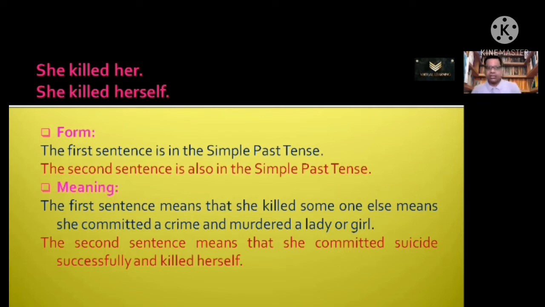But the third element, in the first case, that is object, possessive pronoun her functioning as object. And in the second sentence, you have herself, which is a reflexive pronoun, reverting the action to the subject itself, right? And that's why these two different meanings are possible as far as this pair of sentences is concerned.